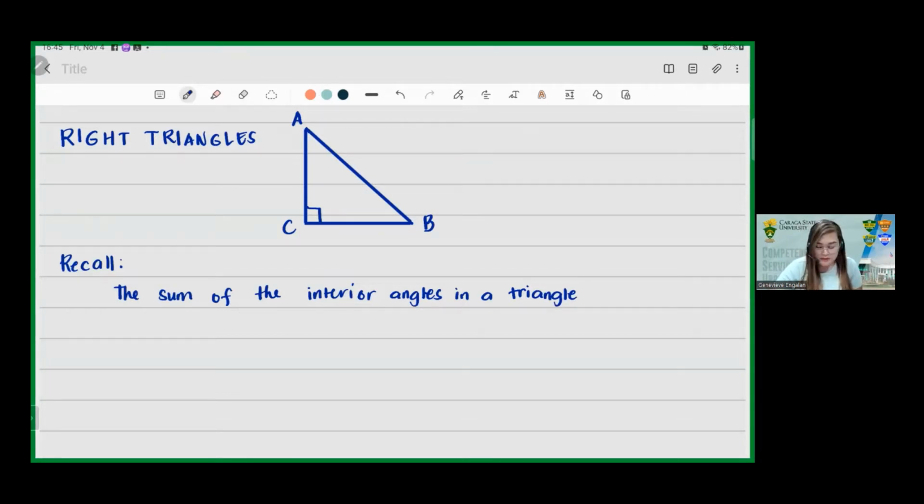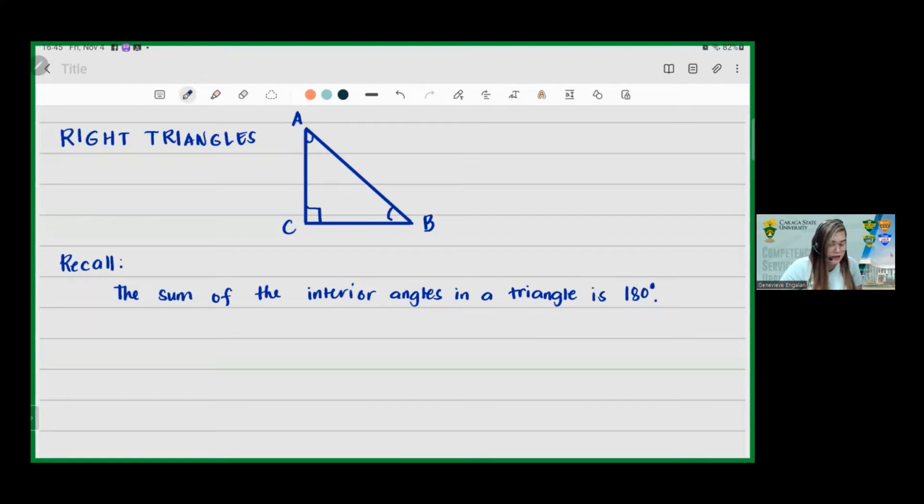The interior angles are angle A, angle B, and angle C. The sum is 180 degrees.